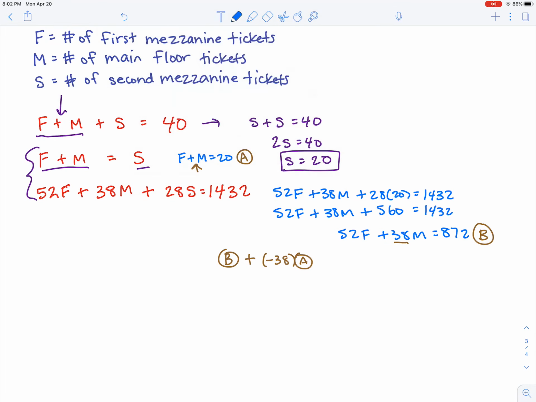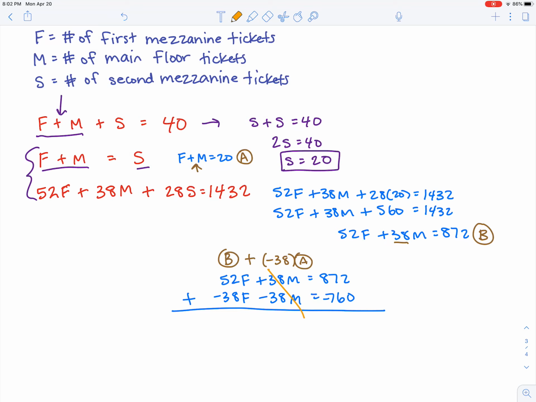So that means that I'm going to multiply every term of equation A by negative 38. So let's do that right below. So I have 52F plus 38M equals 872 plus. Now I'm multiplying negative 38 by every part of equation A. So I'll have negative 38F minus 38M equals negative 38 times 20, negative 760.